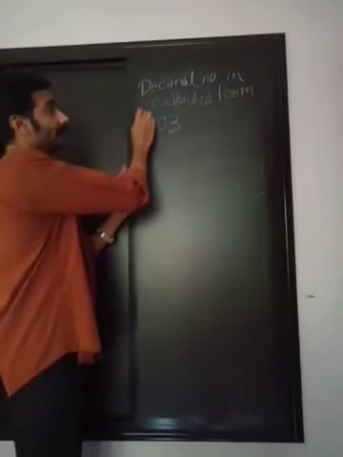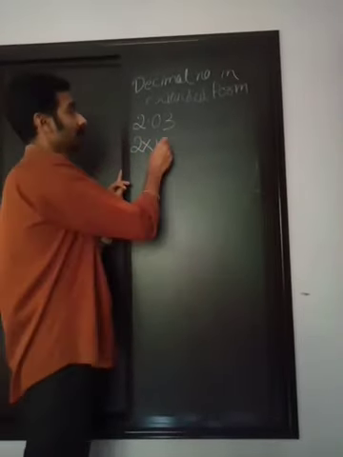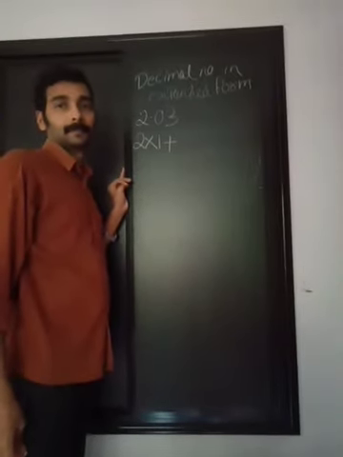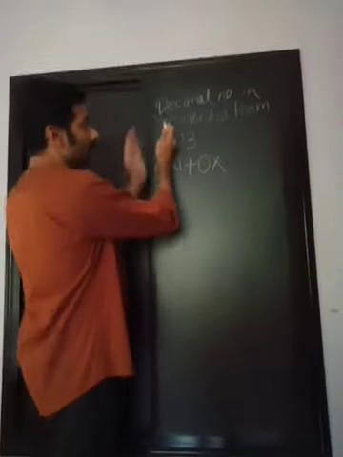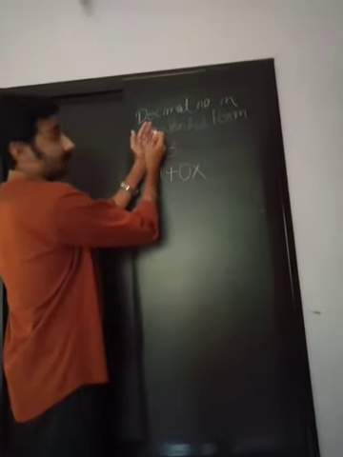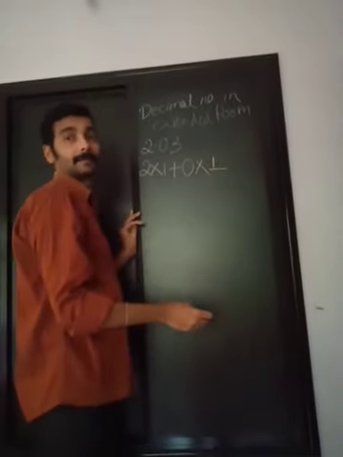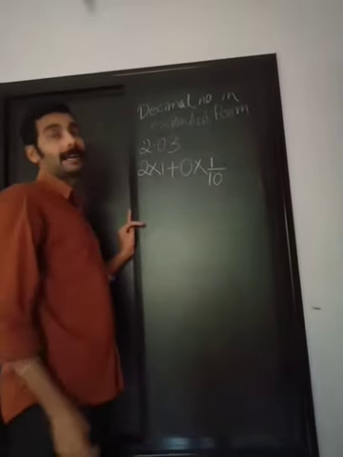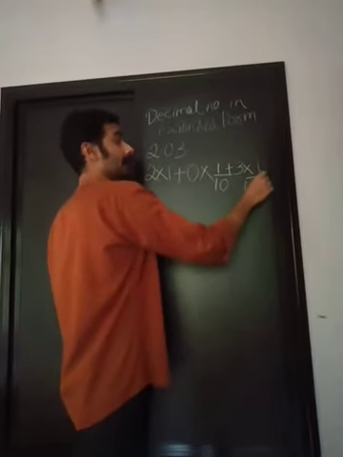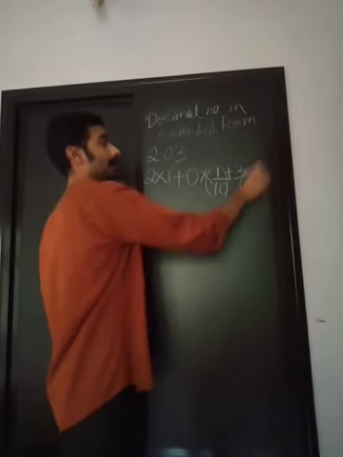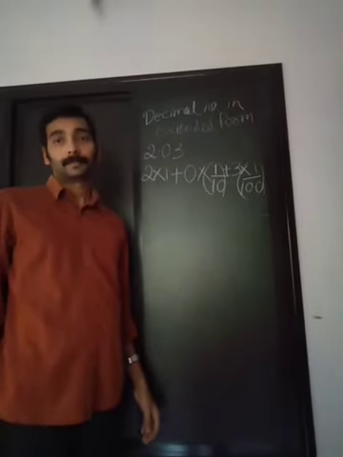This 2 is in the ones place, that is 2 into 1, plus 0 into 1 by 10, plus 3 into 1 by 100. This is the expanded form. Clear?